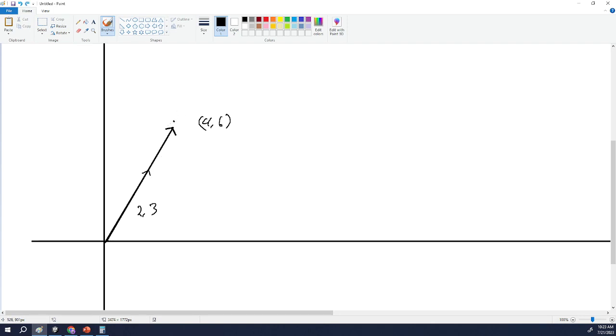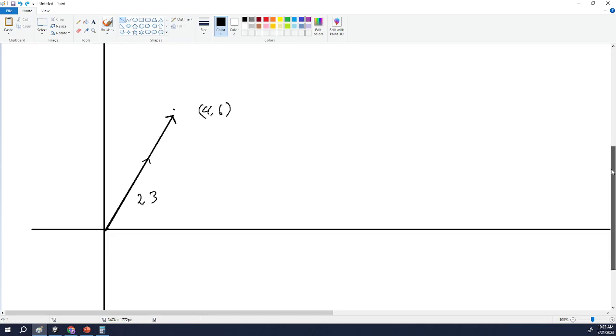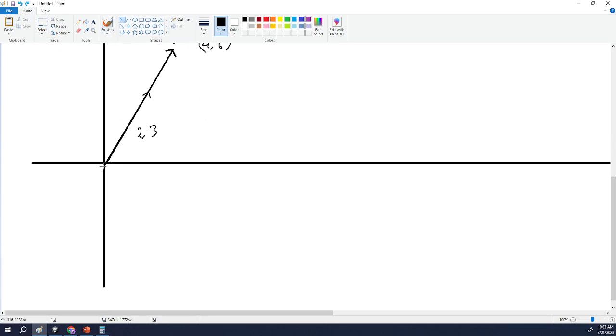If we multiply it by a negative number though, like -2 or -3, it will be going the opposite way. It will be facing here. Let's say -2. We multiply the vector with a -2. It will be like -4, -6. It's just the opposite direction.